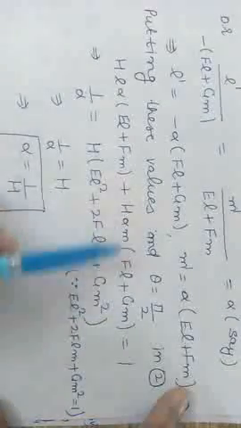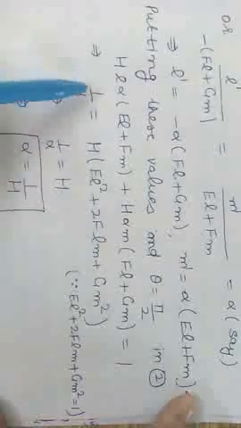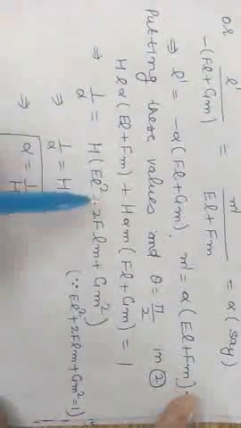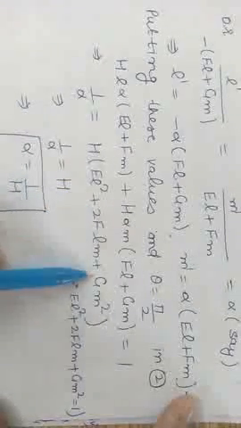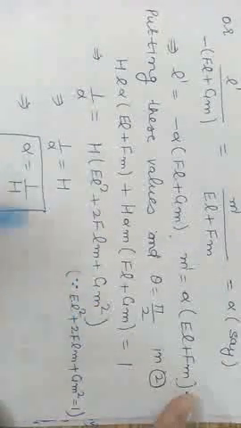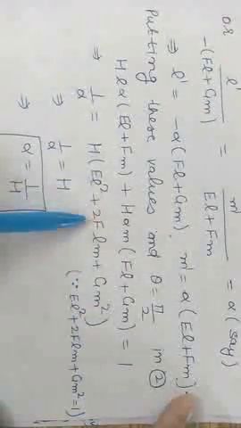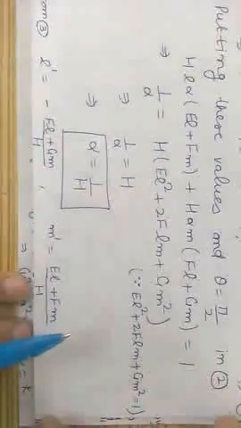So from here, taking alpha common and shifting to the right side, we get 1 upon alpha, which is given by H into (E l square plus 2F l m plus G m square). Now as we have already studied, this expression E l square plus 2F l m plus G m square is 1. So we get the value of alpha, which is 1 by H.